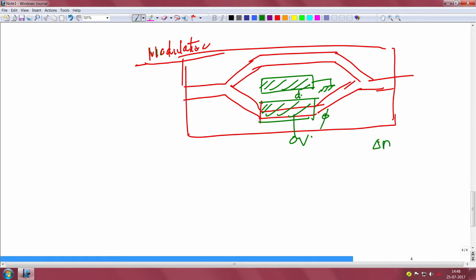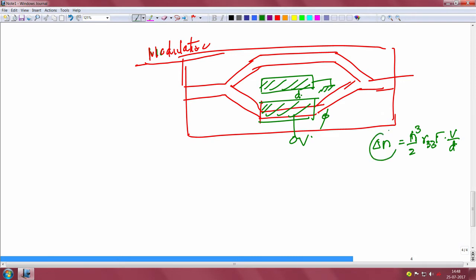So, delta n is a function of the electric field, r33, in this one particular geometry, r33 into gamma into V by d into n cubed.